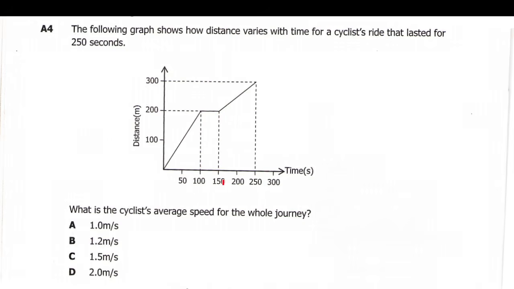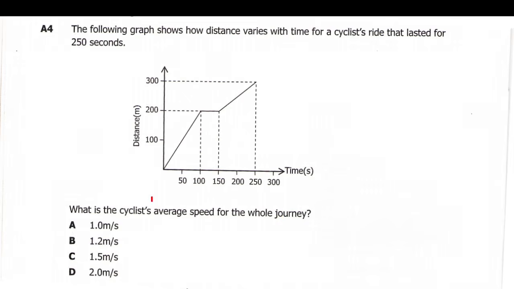Then again at 150 seconds, the graph started rising upwards, which means the distance also started changing with time. Now the question reads, what is the cyclist's average speed for the whole journey?